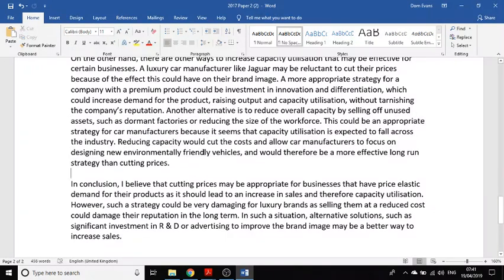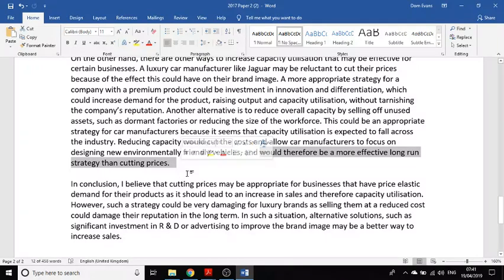So I've tried to make sure that I am comparing my alternatives, such as selling off unused assets or reducing the size of the workforce to reduce capacity to increase capacity utilization, to cutting prices.